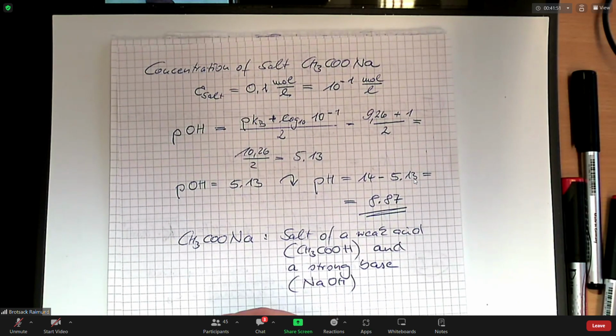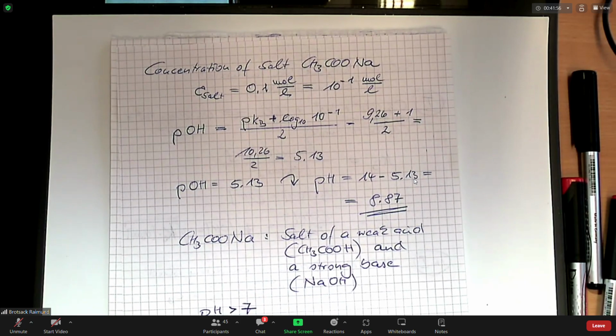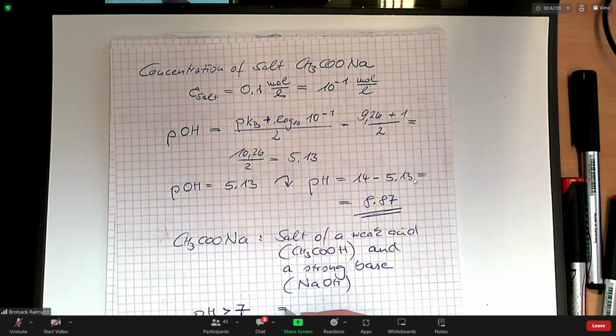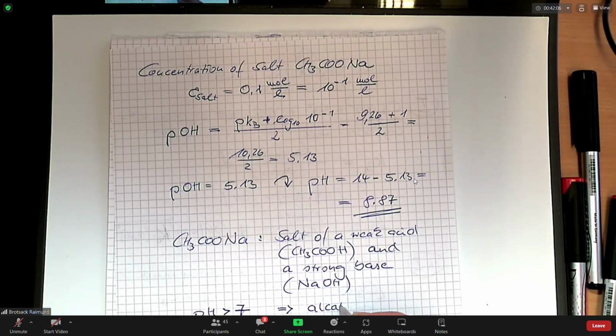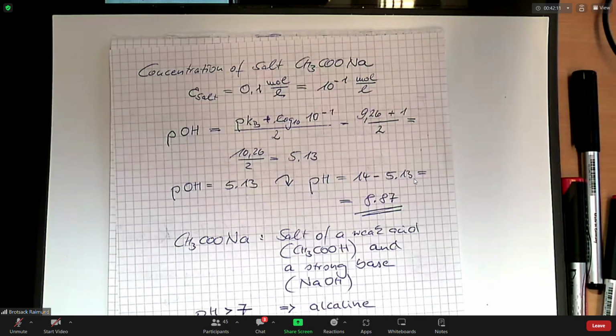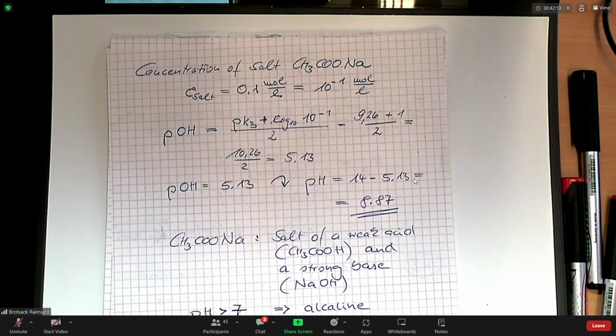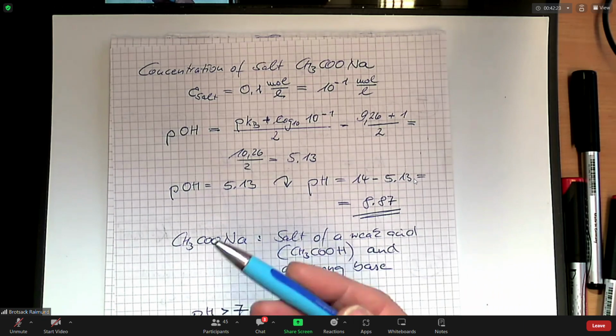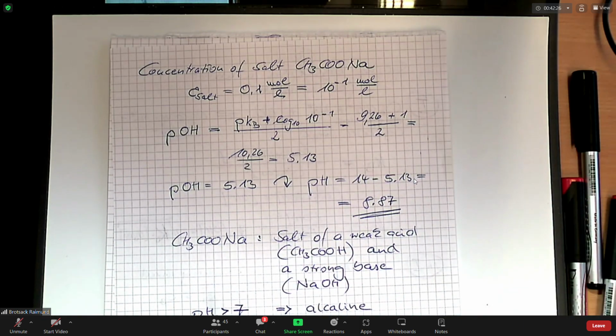The pH level is above 7. And this is alkaline. So if we have a salt out of a weak acid and a strong base, it is dissolved, but at the end, it reacts alkaline.